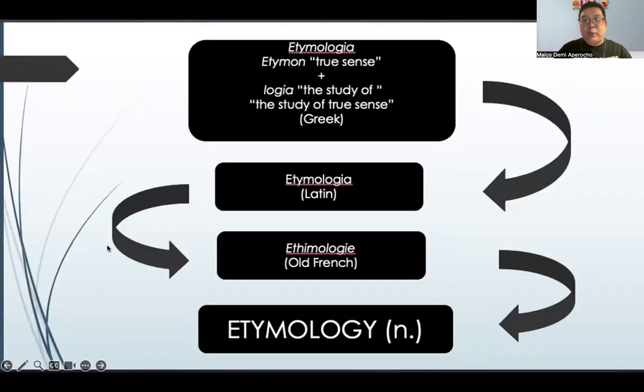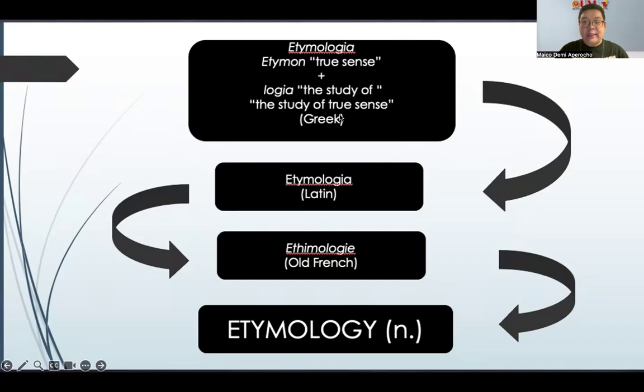So, when we talk about etymology or etymologia, etymon means true sense. As mentioned, it is the study of true sense. So, as we can see on the screen, there is this evolution of the word etymology. It all started with the term etymologia, which is a combination of etymon and logia.